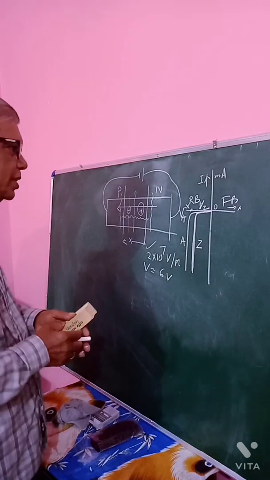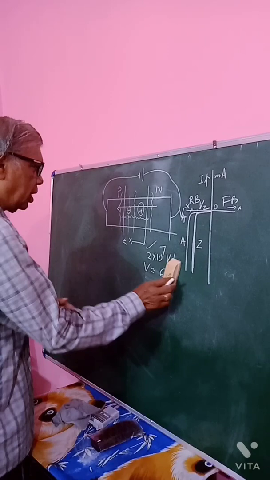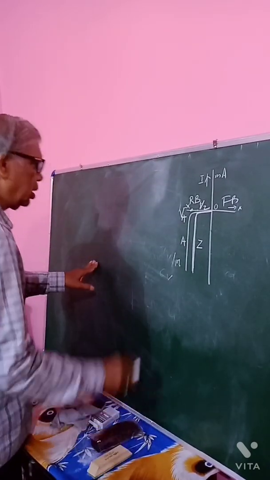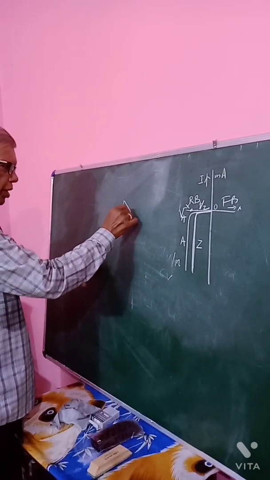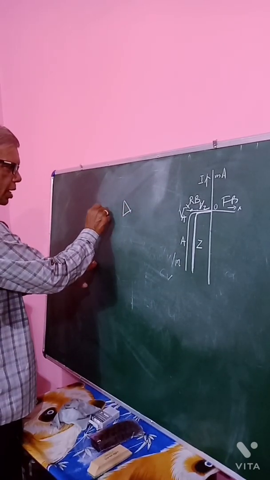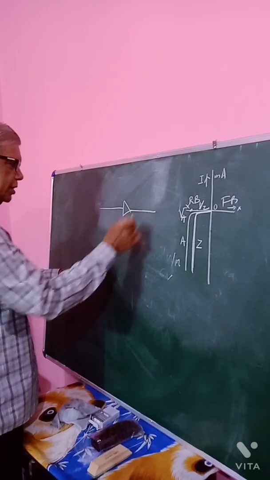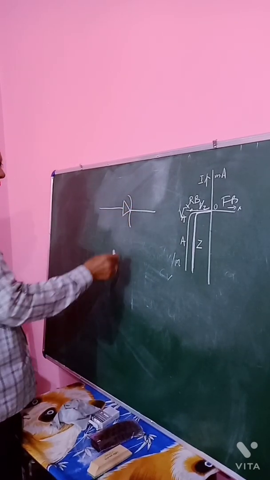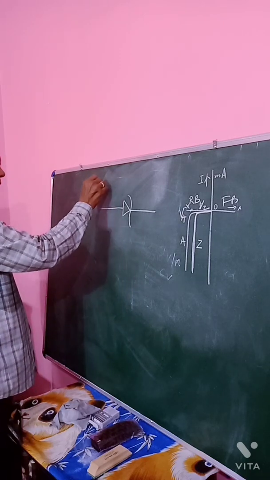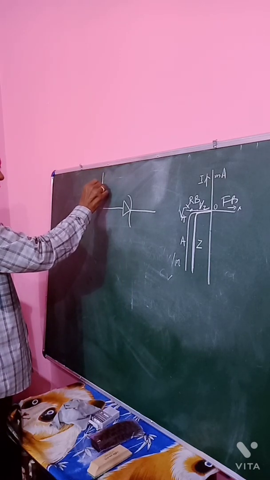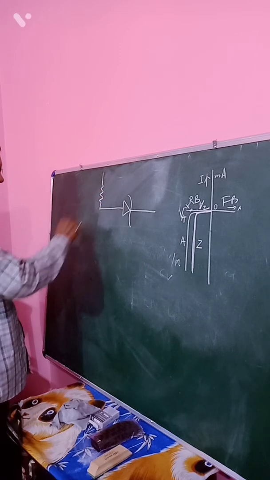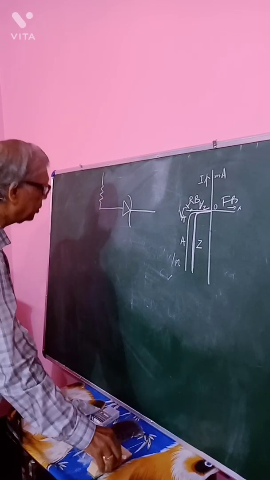For that reason, with a Zener diode, we connect a series resistor. This is the symbol of the Zener diode. Zener diode is always connected in reverse bias, that is, it operates under reverse bias condition.